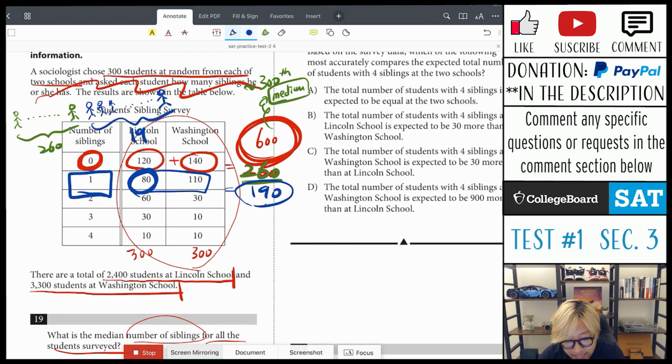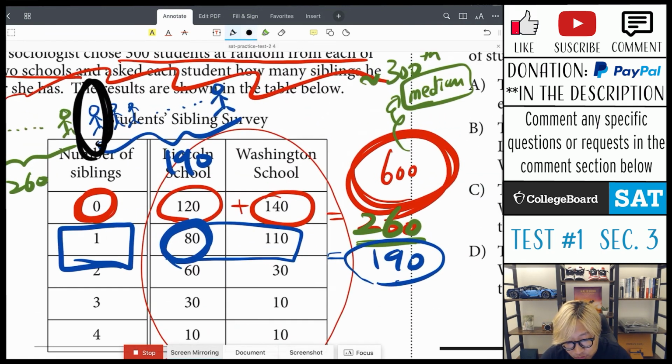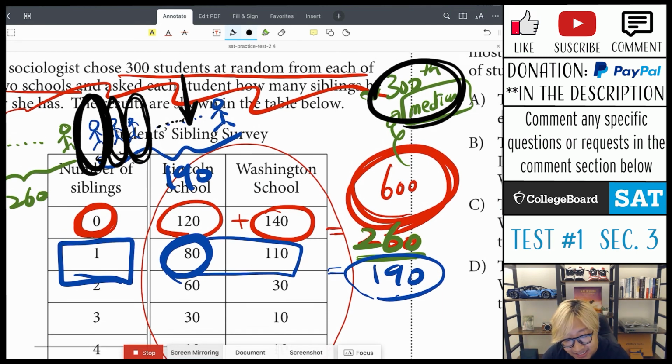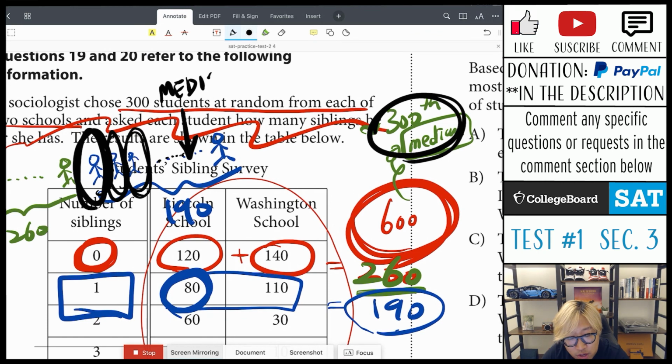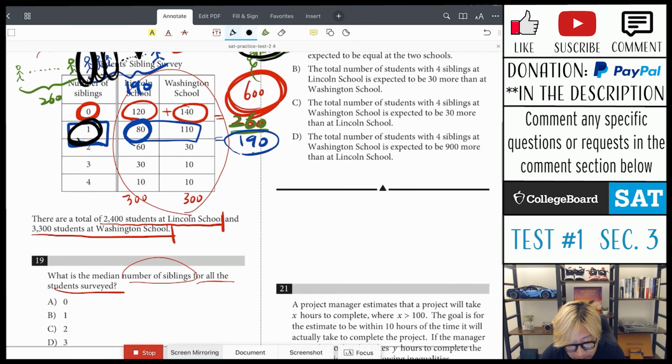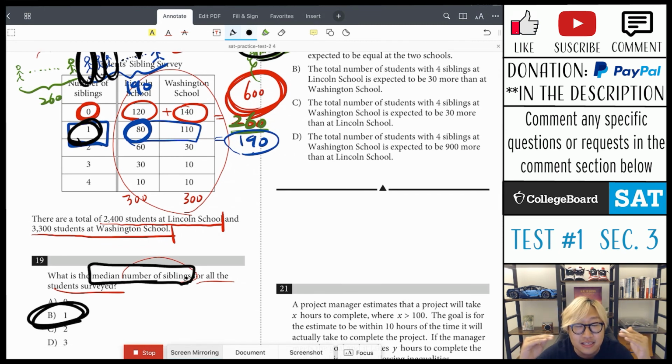If you imagine, this is the 261st guy, this is the 262nd, 263rd, and the 300th guy that we're looking for is probably somewhere over here. So that median guy belongs to the blue group where they have 1 sibling. So what is the median number of siblings? 1 sibling, because our median guy is in that group, the 300th and 301st guy.